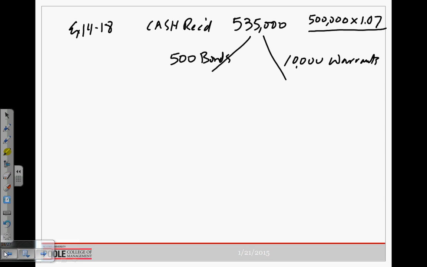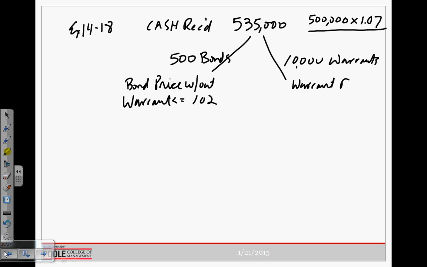We know that the bonds had a price without the warrants of 102, and that the warrants' fair market value was $4 per warrant.